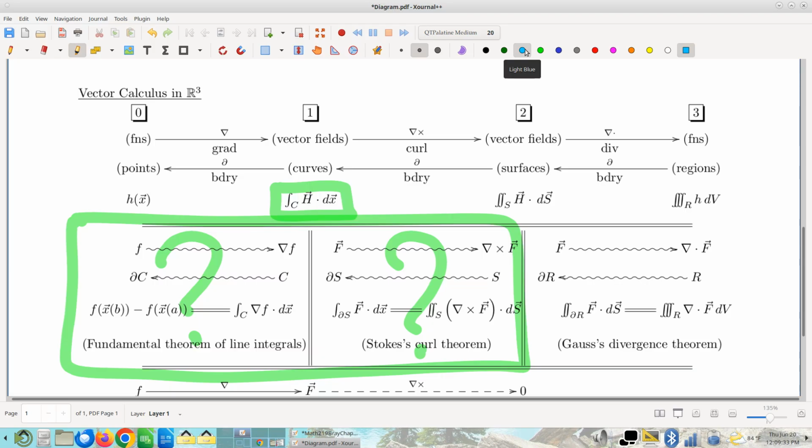If this is what I'm looking at, then I'm going to have a vector field that is my integrand. What does the diagram tell me to do? It's right there on the diagram. This vector field, it says right here, compute the curl of it.